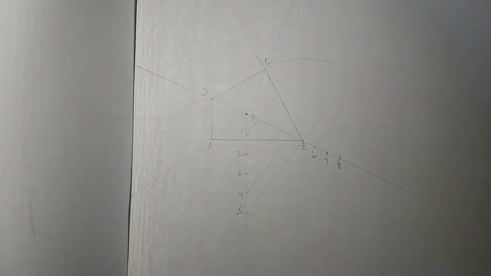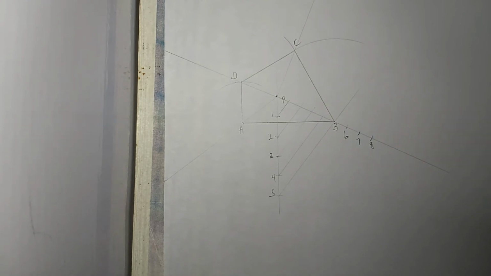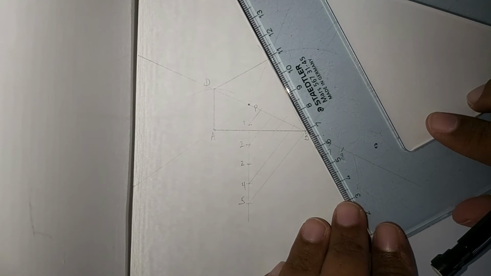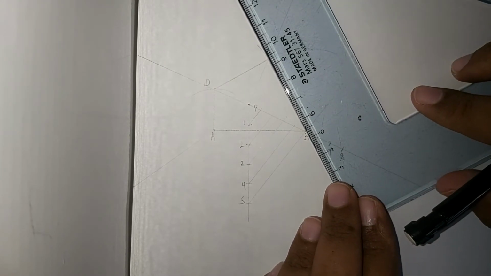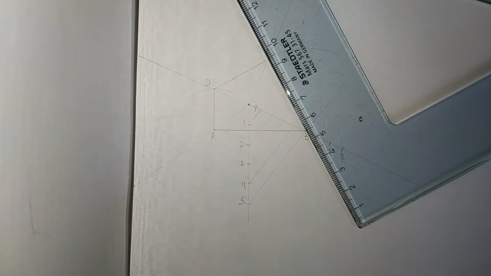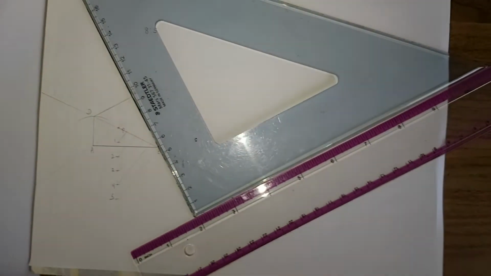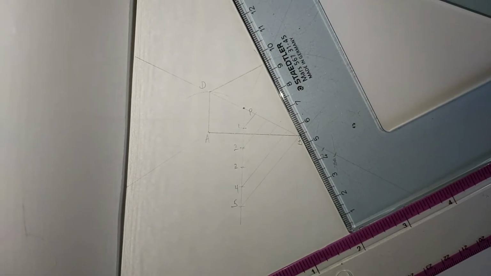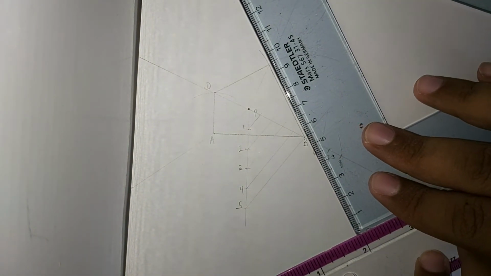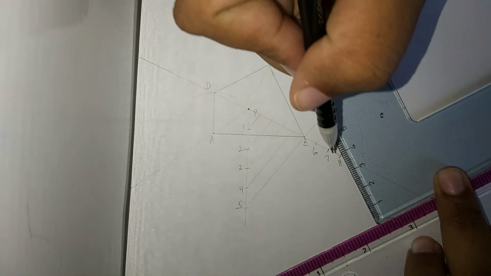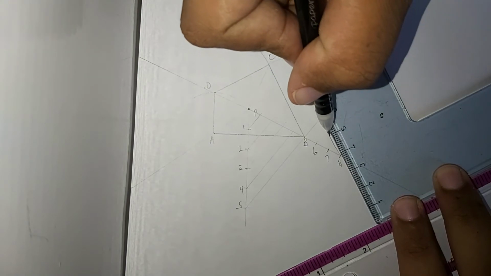So now we use the same principle again where you're going to slide the lines to where point 8 is. So first, set the set square to where BC is, and your ruler. Then I'm going to slide to where point 8 is. Then I'm going to draw my line.